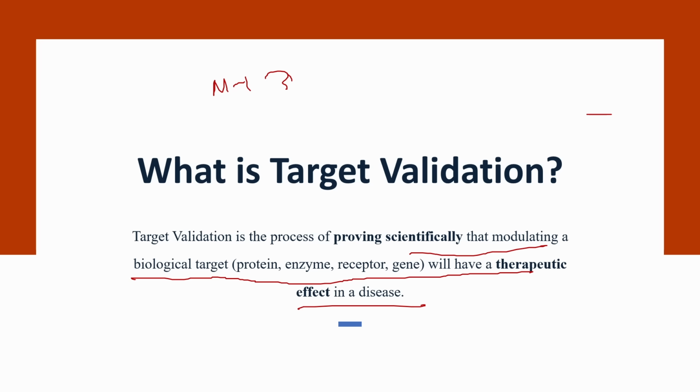The drug candidate will interact with the receptor, and there is a change in the target. If inhibition takes place, then that is a plus point for us. Or if there is no activity, then the target is not completely validated.